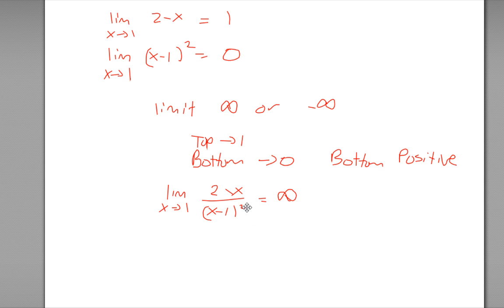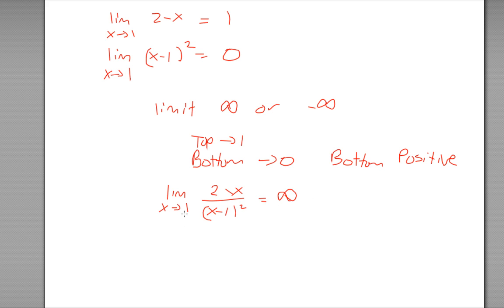If the bottom was, say, just x minus 1, not x minus 1 squared, then the bottom would still be going to 0, but as x goes to 1 from the left, it would be a negative number, which would mean this would be negative infinity.